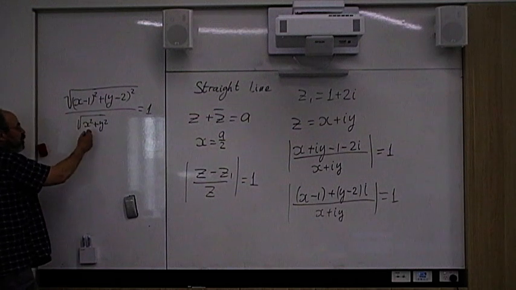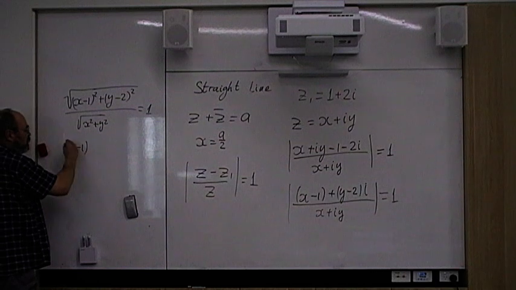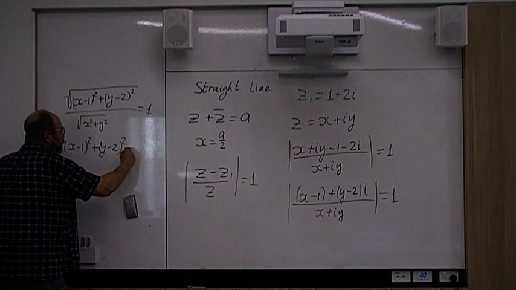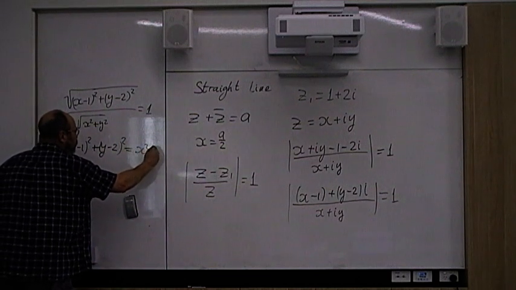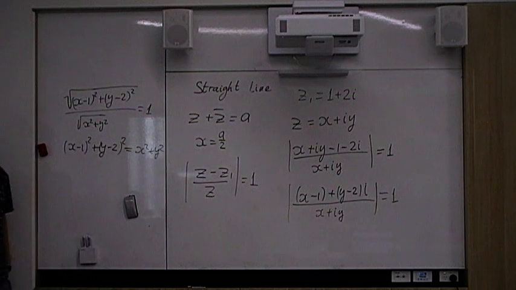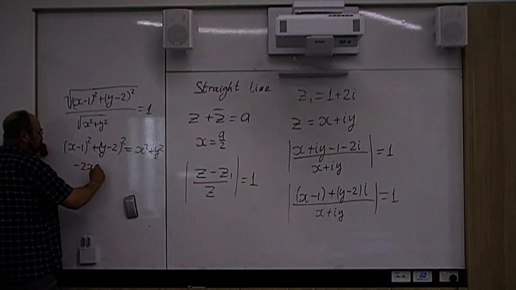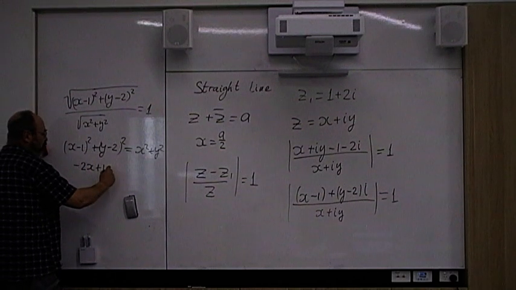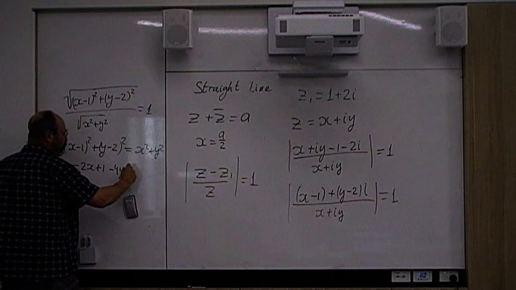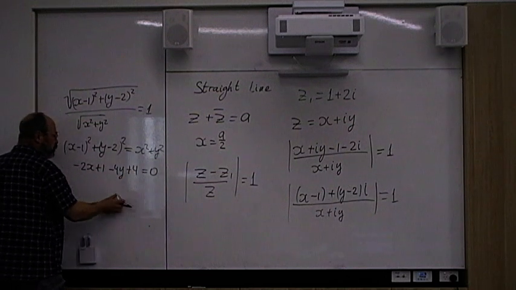So we move this to the right and square both sides. We get x minus 1 squared plus y minus 2 squared equals x squared plus y squared. Obviously, x squared and y squared will cancel out when we expand this. So you'll have minus 2x plus 1 minus 4y plus 4 equals 0.